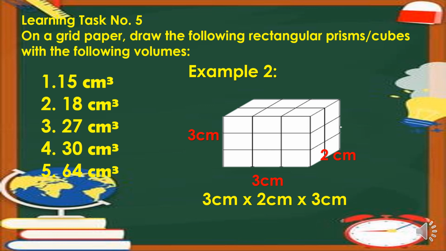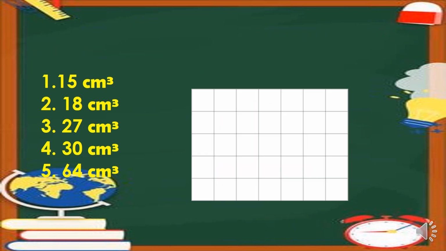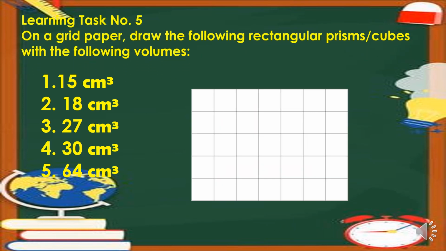The length is 3 centimeter, the width is 2 centimeter, and the height is 3 centimeter. So when we multiply 3 times 2 times 3, we will get a volume equivalent to 18 cubic centimeter. So that means for learning task number 5, you will answer number 3, number 4, and number 5.